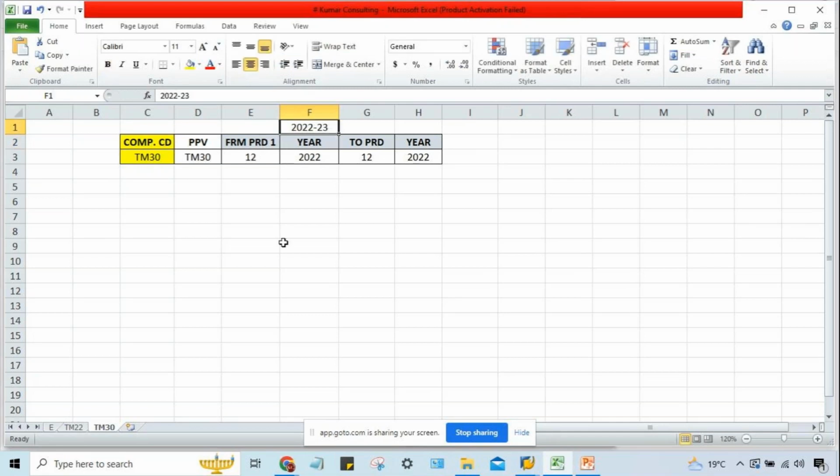They will write it like this: 22, 23. What does it mean? Financial statements for two different years? No, it's not like that. It is a single year itself. It could be either 22 or 23. Generally it is 22 only, but why are they specifying 23 also? Because one quarter is falling under 23 also.